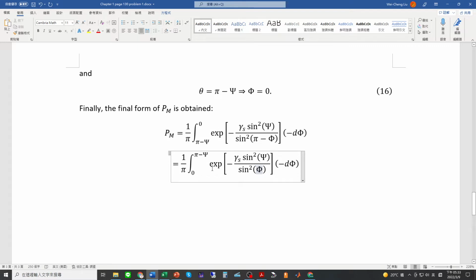And because we have changed the upper limit and the lower limit of the integration, this minus can be removed. So this is equal to d phi.